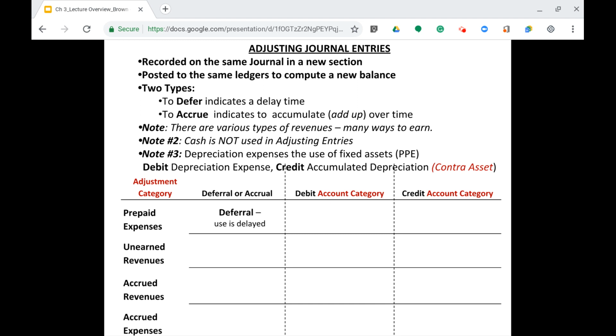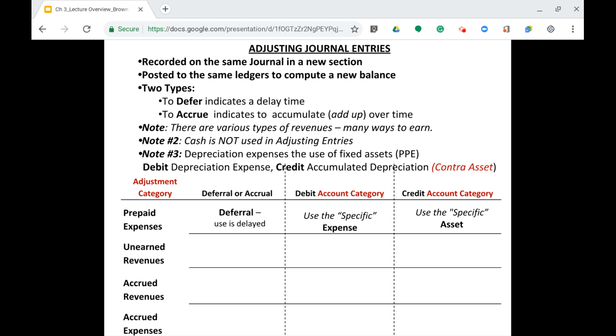There's a use that is delayed. You will debit whatever the specific expense would be. So if it was supplies that we were dealing with, then it would be supplies expense. If it were prepaid insurance, it would be insurance expense. The credit would be the asset. The asset would be supplies. The asset would be prepaid insurance.